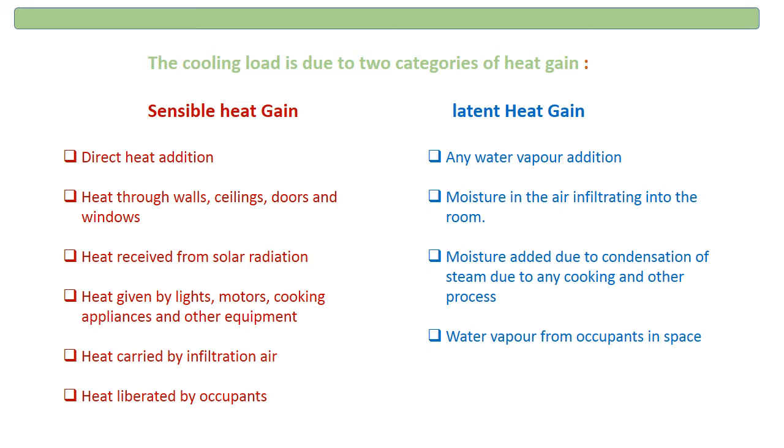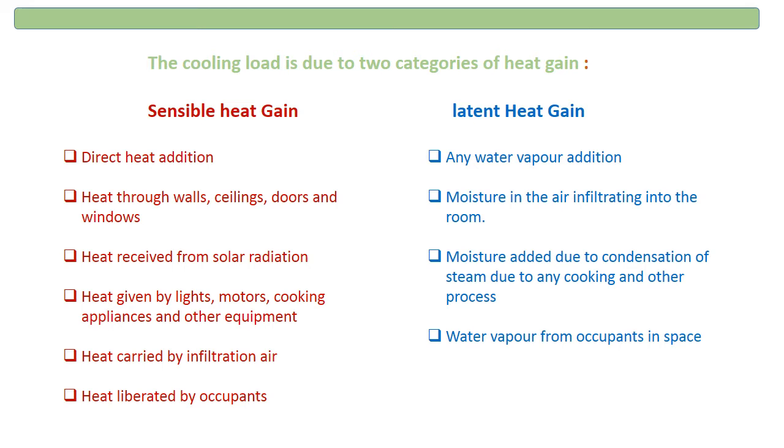Your latent heat gain will be mainly due to the addition of moisture, as I have already told. Similarly, from the human body, from air infiltrating into the room, or from any process happening in the conditioned space, let's say any cooking process, it will be releasing steam, which will be adding water vapor to the air present inside the conditioned space.